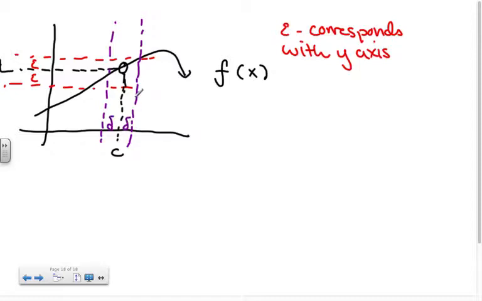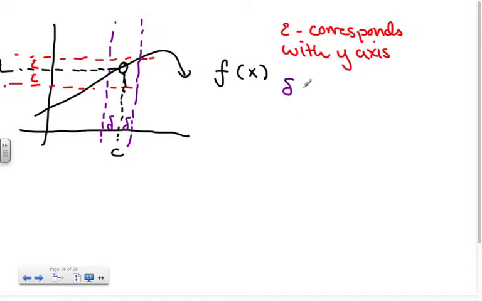So the idea is that we're approaching again from the right and from the left.